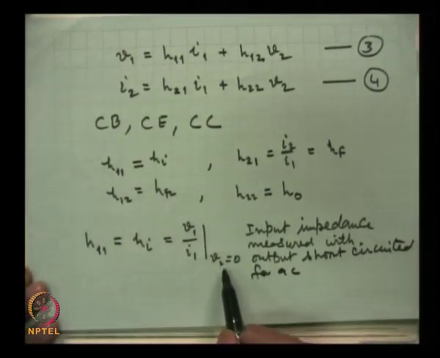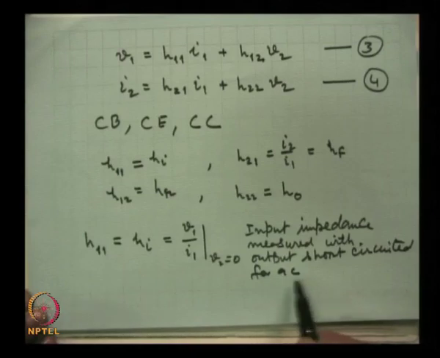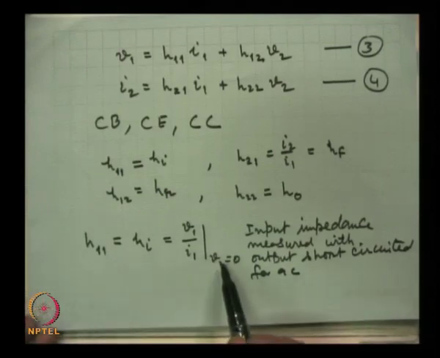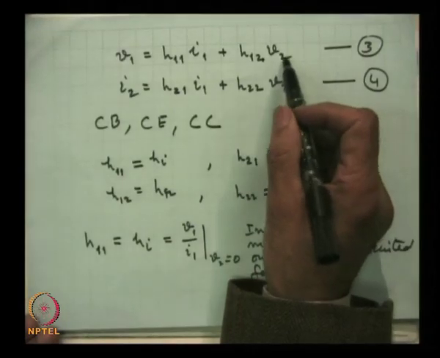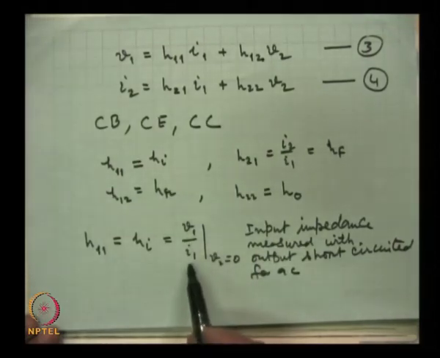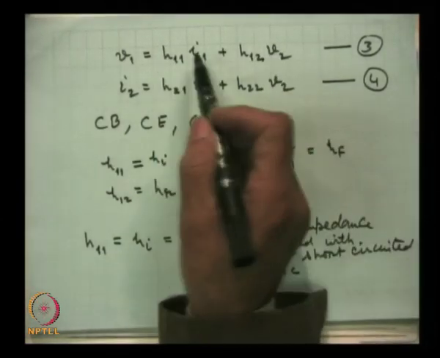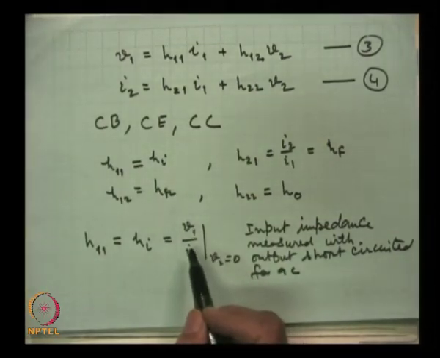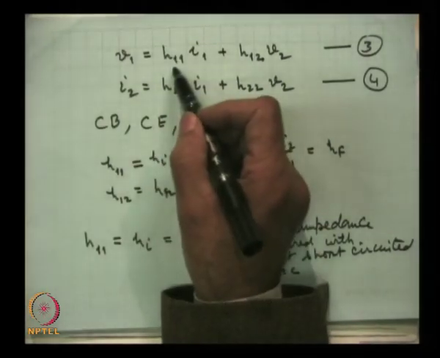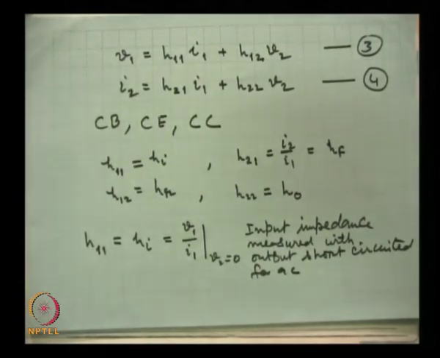V2 will be 0 only when this output is short circuited for AC. So, remember these are very important. If this is not 0, then we can't define this input impedance by this ratio. That also implies that if we change the terminal conditions, then this ratio will also change. So, that is not the motto. Motto is to find the value of H11, and this is defined under the condition V2 is 0. Similarly, we define other parameters.